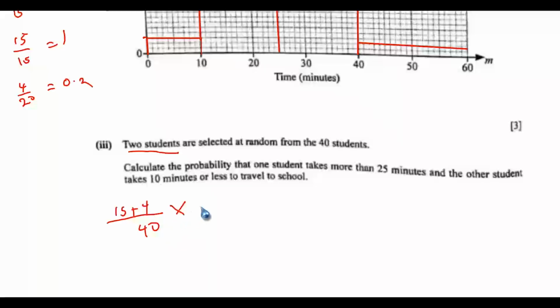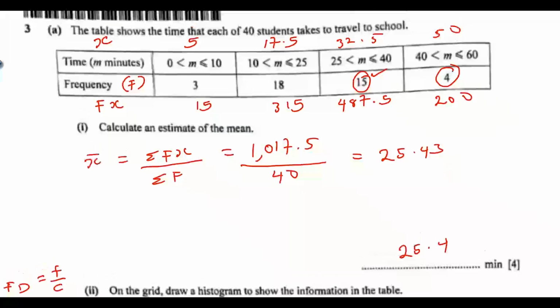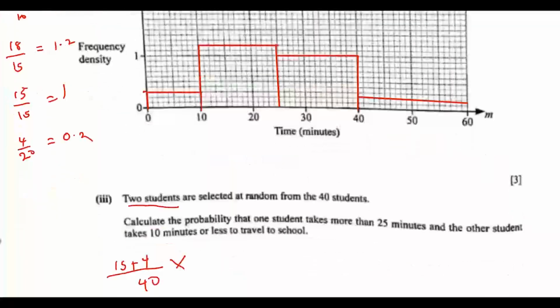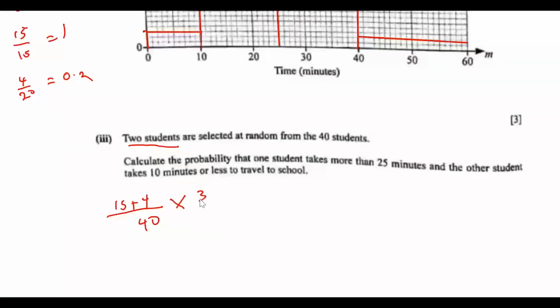The second selection will be the other student takes 10 minutes or less. So 10 minutes or less will be this, so we have this 3. That will be 3 out of 39, because we selected the first one, so we're left with 39.